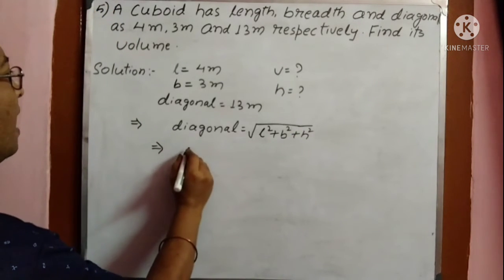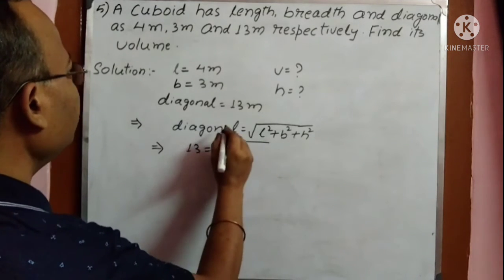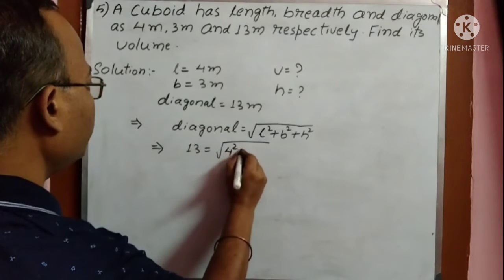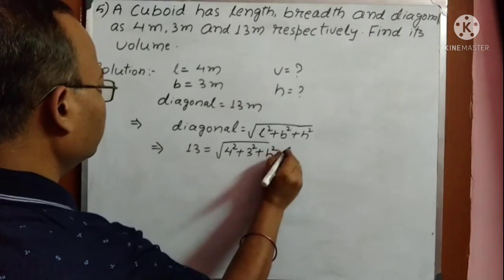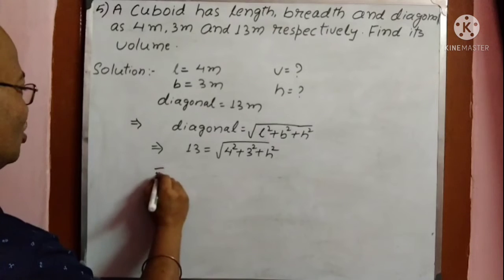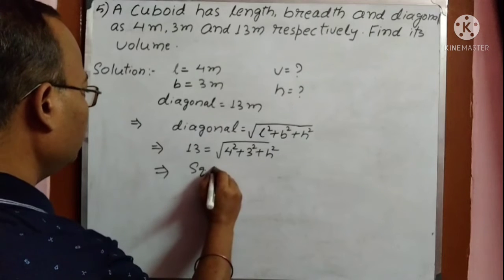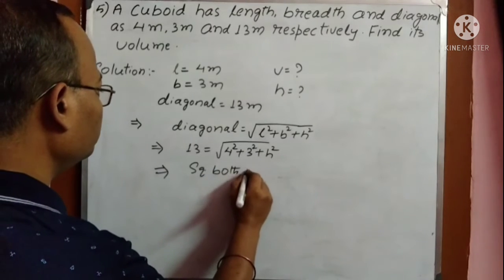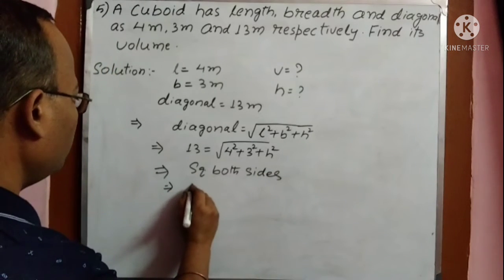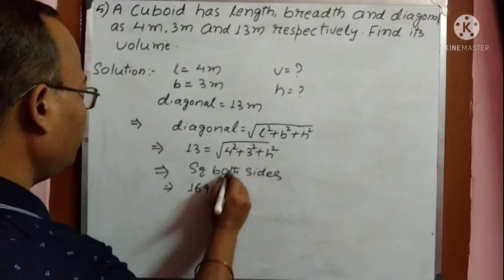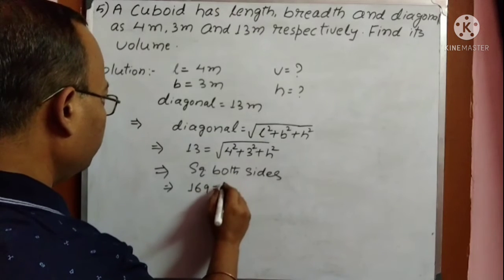So diagonal is given as 13, which is equal to square root of L square plus B square plus H square, where L is given 4. So 4 square plus 3 square plus H square. So squaring both sides, 13 square will be 169, and as you are squaring this side, the square root will be cancelled.